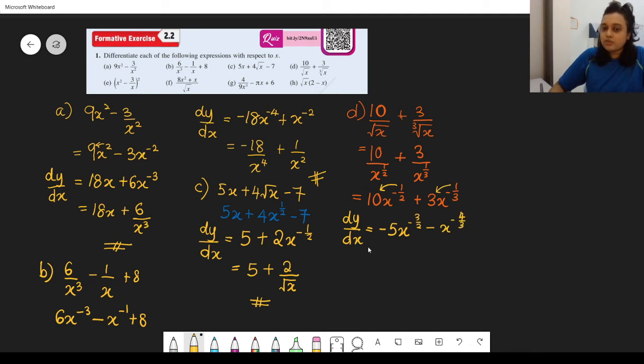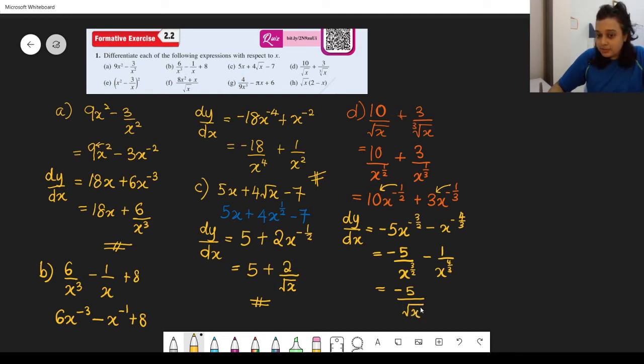Okay, done. So now you can write nicely. Since they are negative, we bring them back to the denominator position. So here it is: x power of 3 over 2, minus 1 over x power of 4 over 3. Now how to write properly? You see 3 over 2, so when you write this, it is negative 5 over the square root, because the denominator will be the square root.